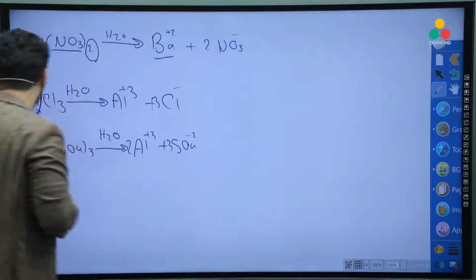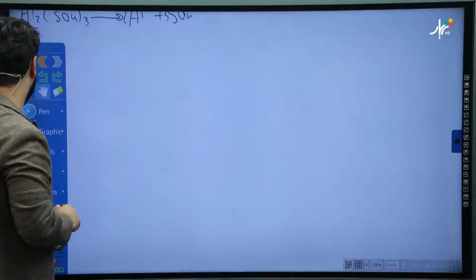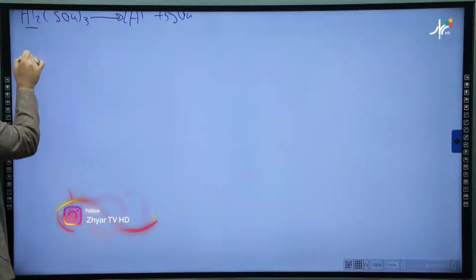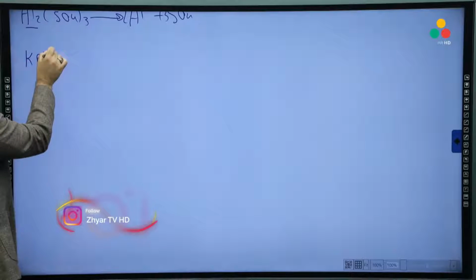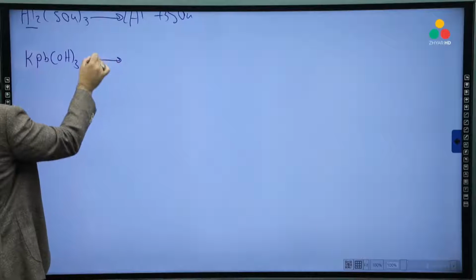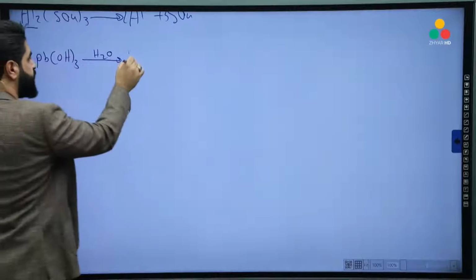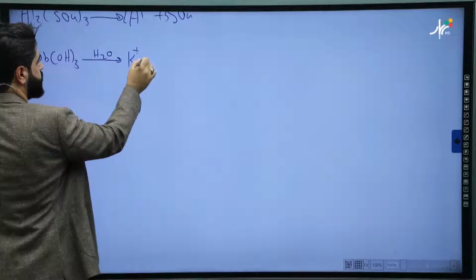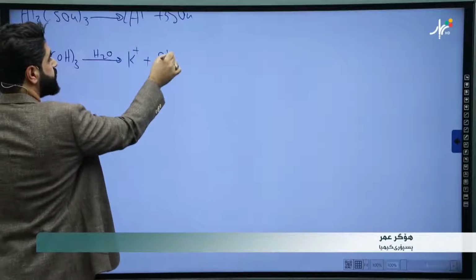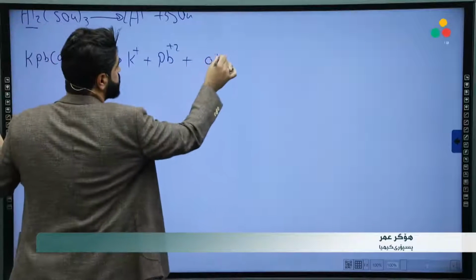Okay, last example. KPb(OH)3. It will dissociate, of course. K+, Pb2+ plus OH-.